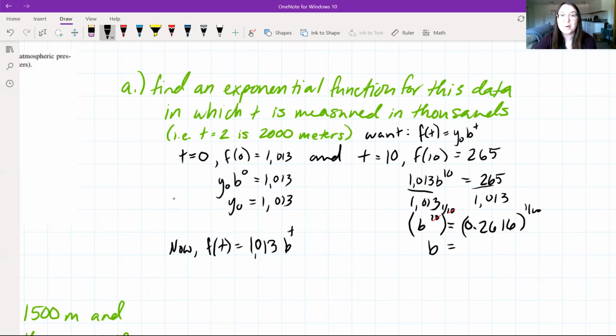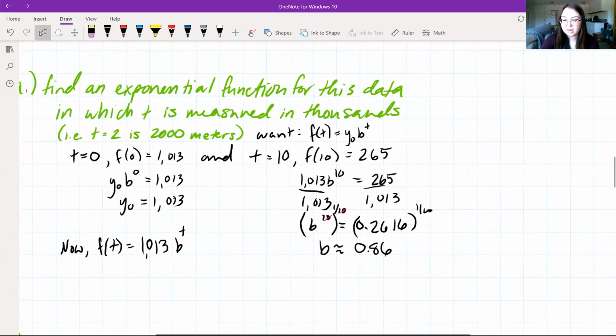So you can feel free to take a moment, calculate that on your own. All right, you should have gotten 0.86. So if b is equal to 0.86, we know our final answer.